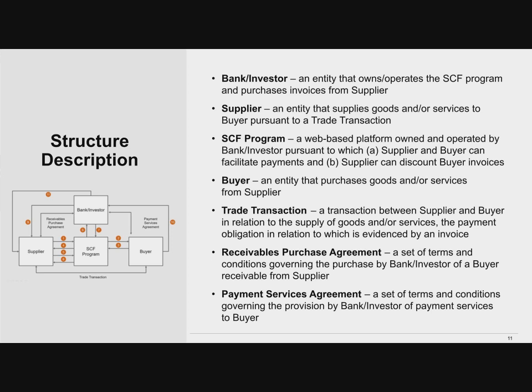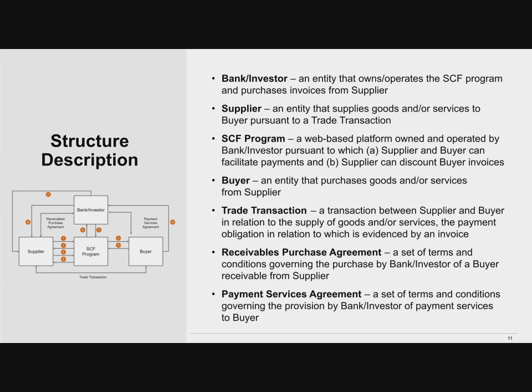Underpinning all of this, there has to be a trade transaction, which is right at the bottom of the diagram. That's the transaction pursuant to which supplier and buyer agree to sell goods or services, an invoice is created, and a payment obligation comes out of that invoice.